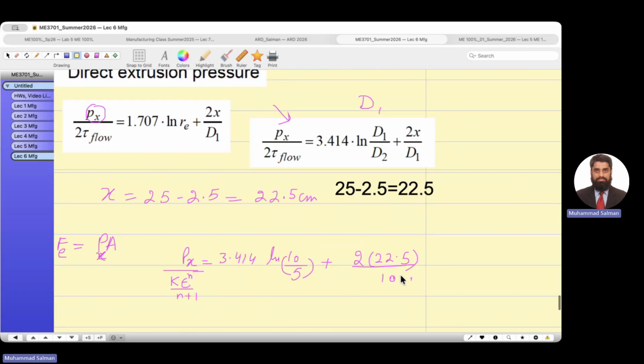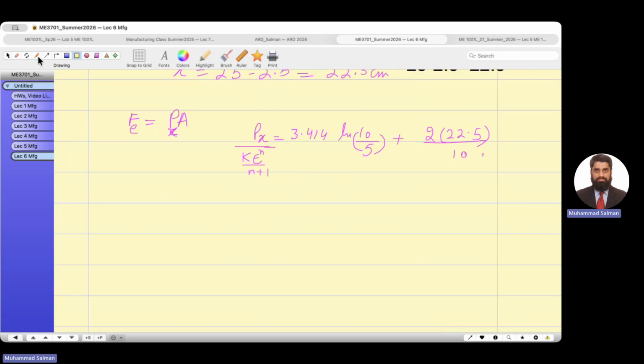The true strain equals 2 times ln 10 over 5. What do you get? 1.39. Now let's round it off.